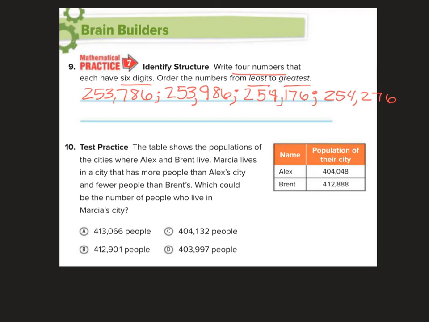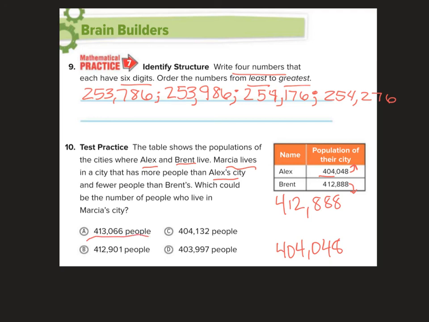All right, test practice. Table shows the populations of the cities where Alex and Brent live. Marcia lives in a city that has more people than Alex's city, so she's greater than Alex, and fewer people than Brent. Which could be the number of people who live in Marcia's city? So it's got to be greater than 404,048 and less than 412,888.